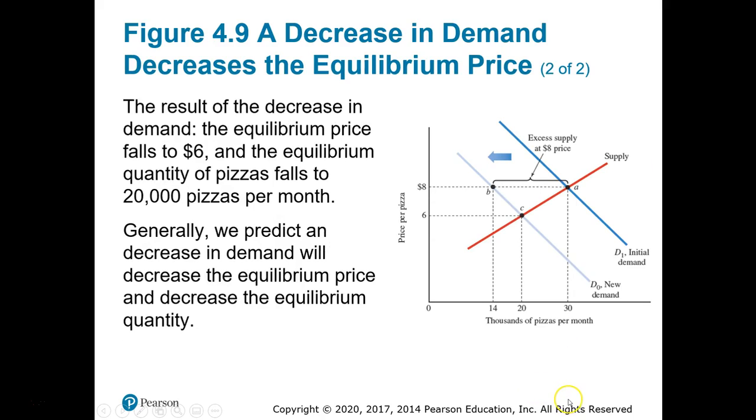The result of a decrease in demand, the equilibrium price falls to 6. The equilibrium quantity of pizzas falls to 20,000 per month. Generally, we can predict that a decrease in demand will decrease the equilibrium price and decrease the equilibrium quantity. Memorize that part.